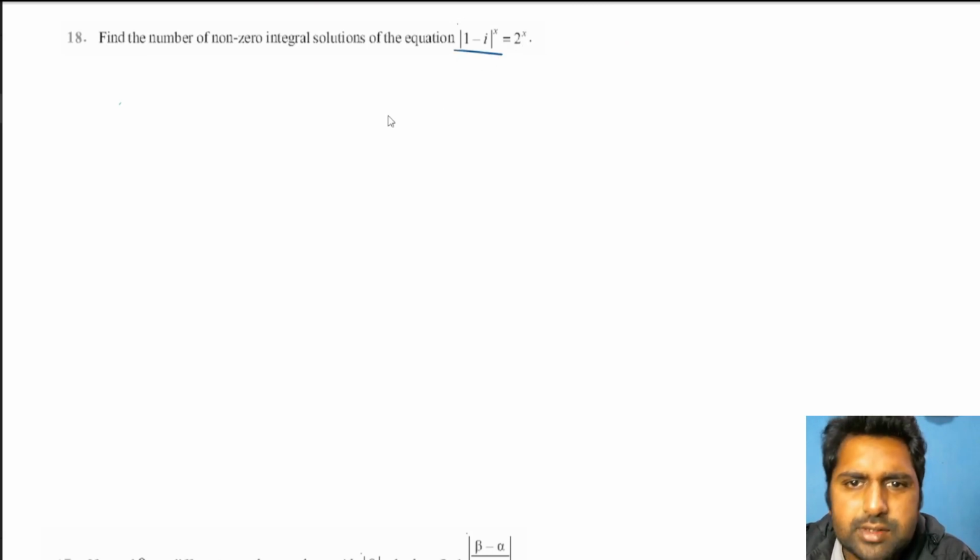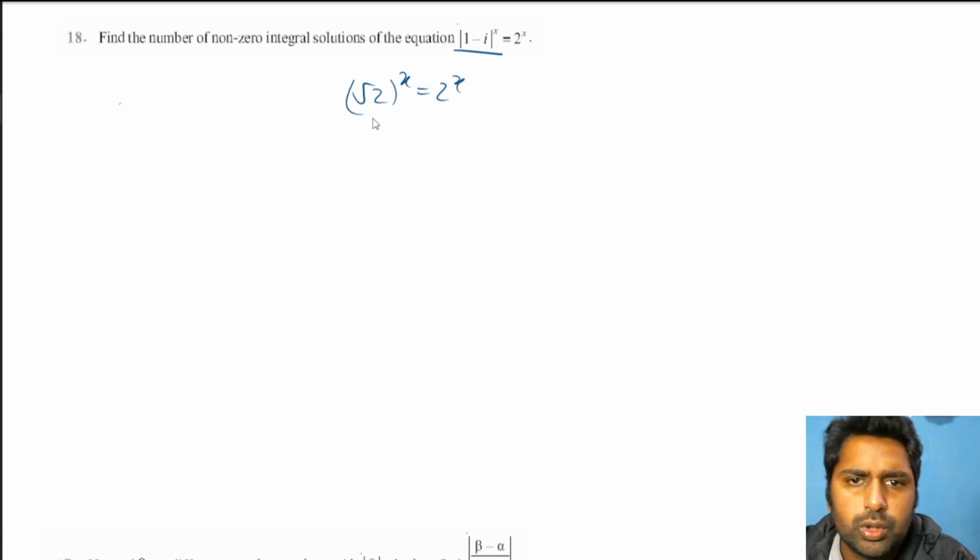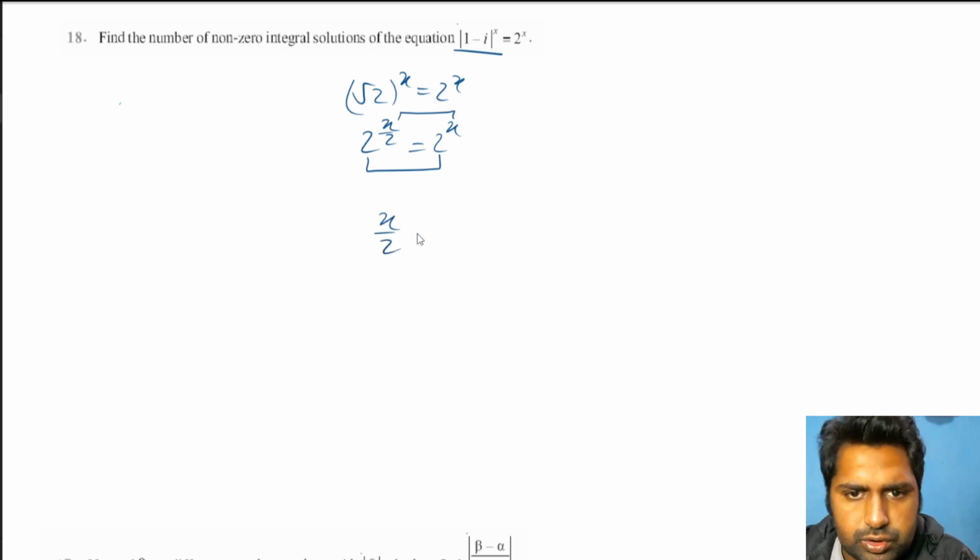So let's take modulus of this. It's a very simple question: modulus of this becomes root 2, power x, is 2 raised to power x. Root 2, so that becomes 2 raised to power x by 2 is equal to 2 raised to power x. If base is same, power should also be same. So x by 2 should be equal to x.